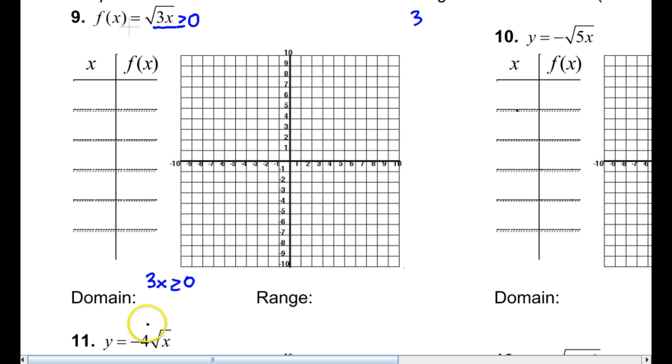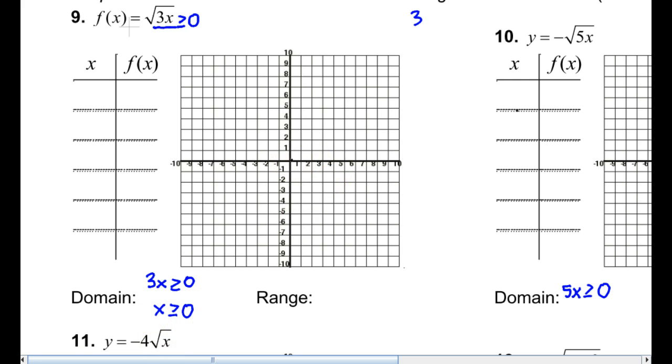Whatever's on the inside. So over here, we're on number 10. Now these are numbered funny because these are actual problems from the book, so you can check the back of the book on the odds. I just pulled them and gave you a graph so you can do all the problems. And then solve it. So you know the domain here is x greater than or equal to 0.